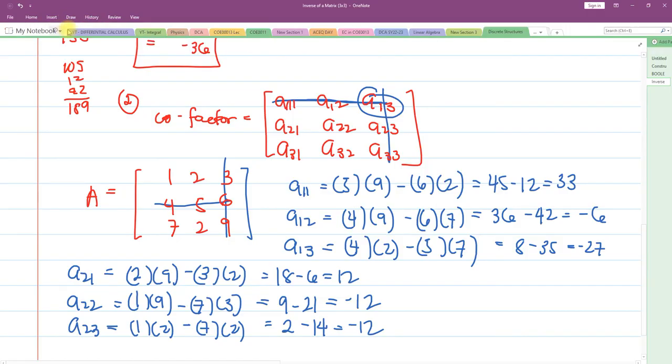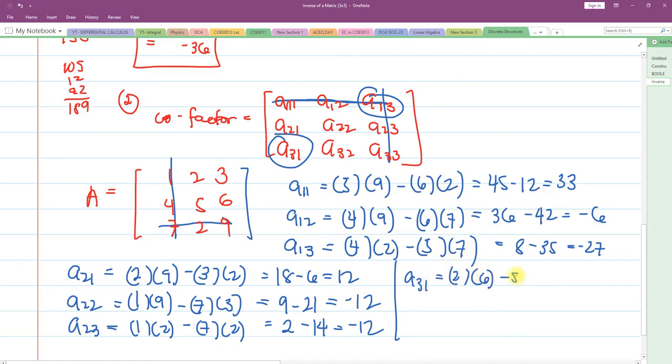So doing it again for A31, A32, and A33. What are we going to cross out? So A31, we have row 3, then column 1. So you now have 2 times 6 minus 5 times 3. So you have 12 minus 15, that's negative 3.